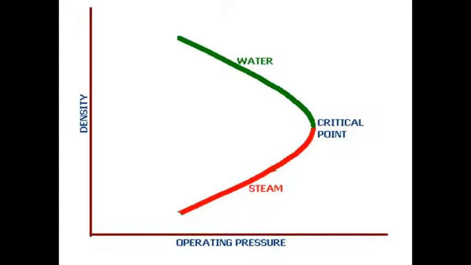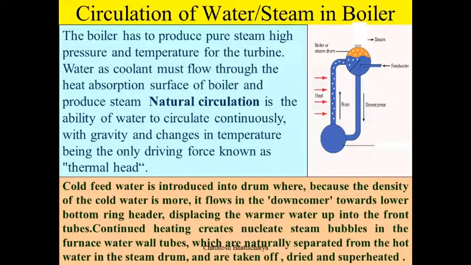So naturally the density difference between the water column within the downcomer and the water-steam mixture in the water walls reduces, and as a result of that we need to have some arrangement to maintain the circulation.